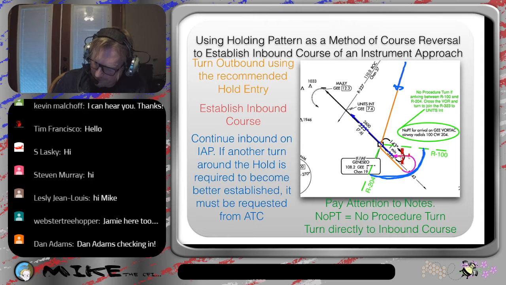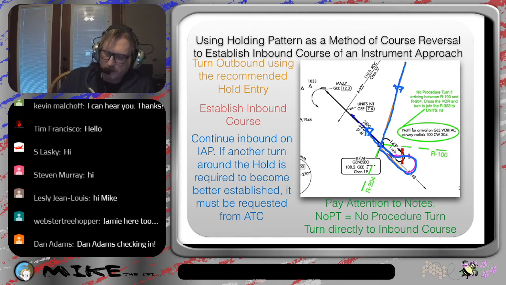If, however, you're approaching from another direction, so we're approaching from the northeast, then we would use our parallel entry procedure to fly outbound, get established inbound, and then continue on our instrument approach. When you're using a holding pattern as a method to get established on the inbound course, you're not expected to do any actual turns in the holding pattern. That's what they refer to them as turns.